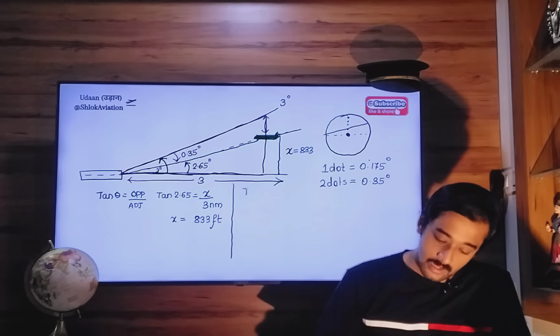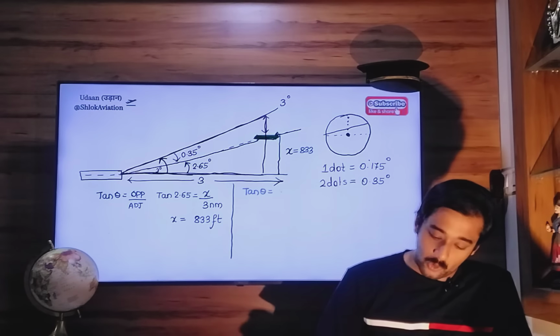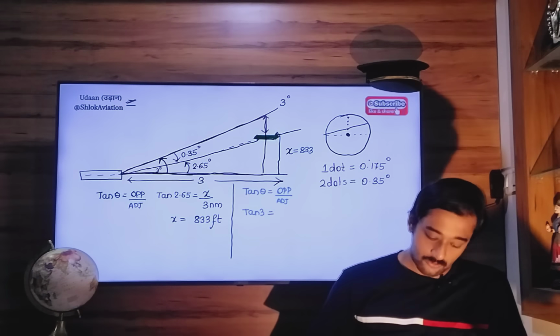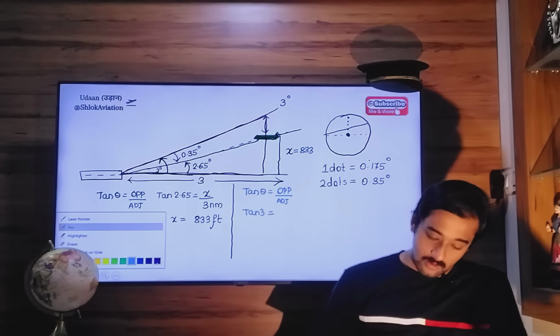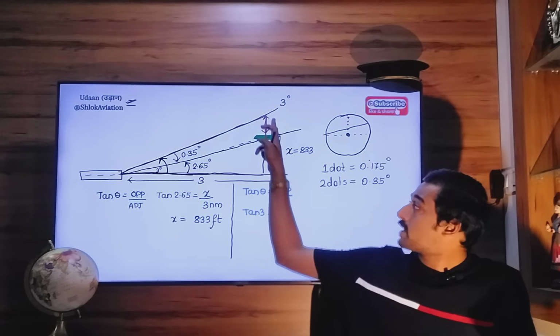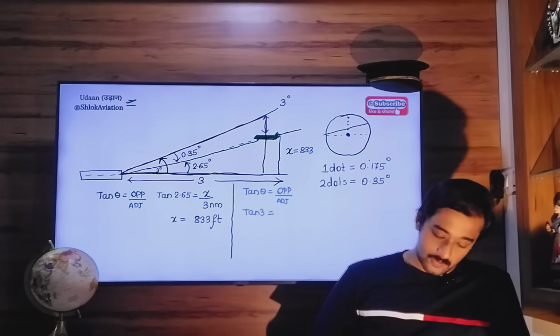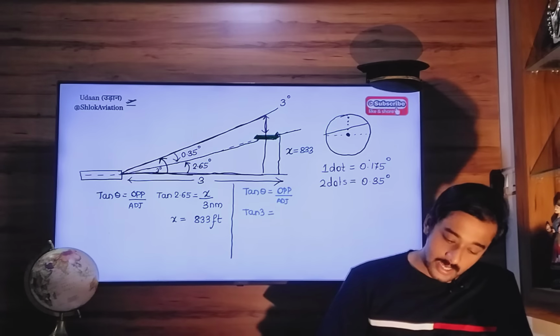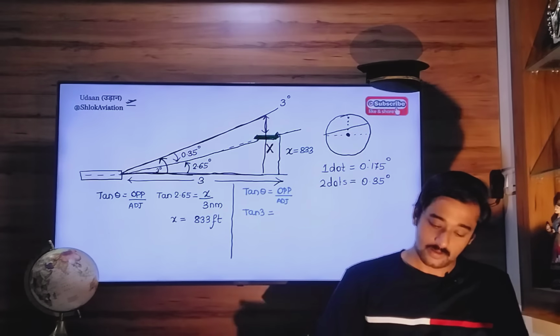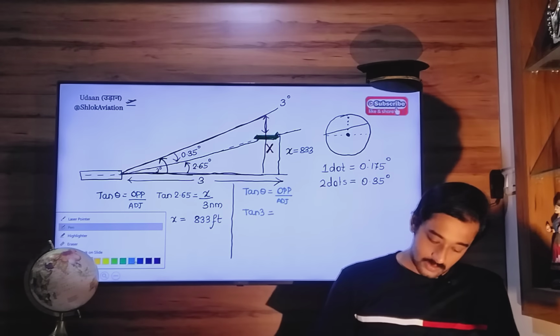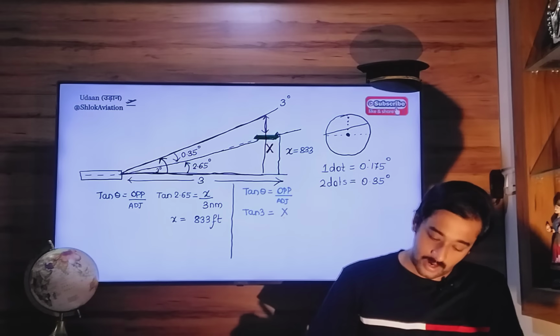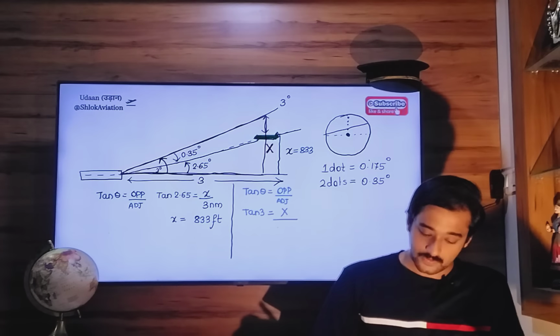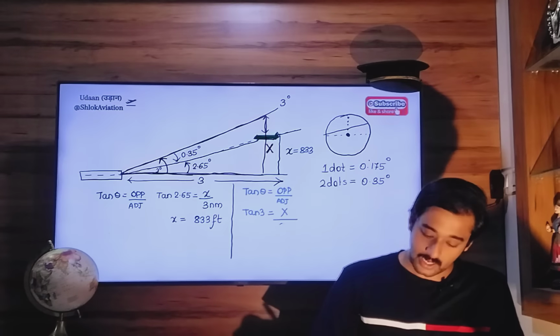So tan theta will be equal to opposite upon adjacent. So tan 3 equals opposite. Now we will find out this bigger x value. So I'm writing it as x. x divided by adjacent, which is 3 nautical mile.